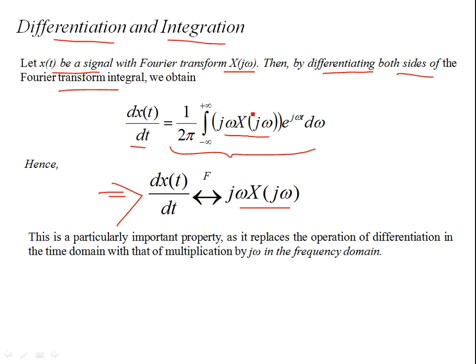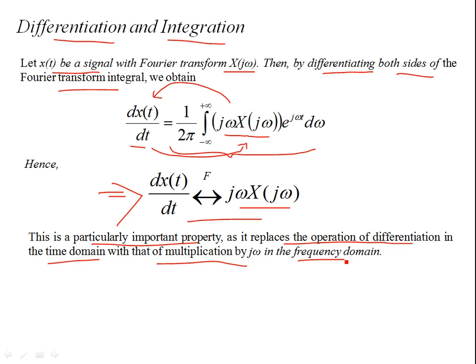The inverse of X(j omega) is x(t), but j omega X(j omega) is going to give you dx(t) by dt. This is the forward transform and this is the reverse transform. So these are the Fourier pairs. This is particularly an important property, as it replaces the operation of differentiation in the time domain with that of multiplication by j omega in the frequency domain.